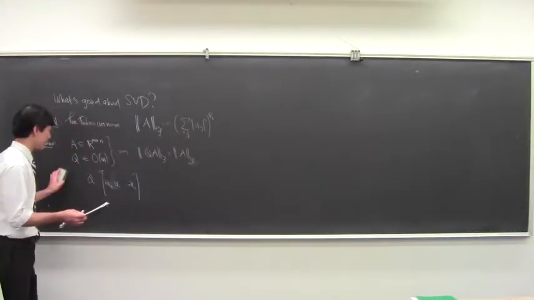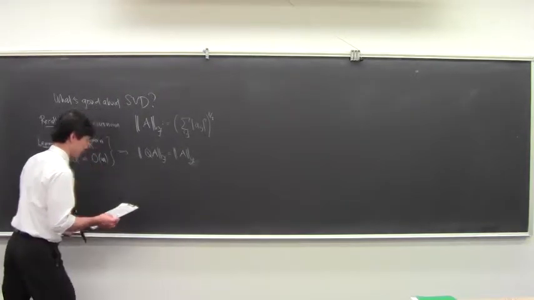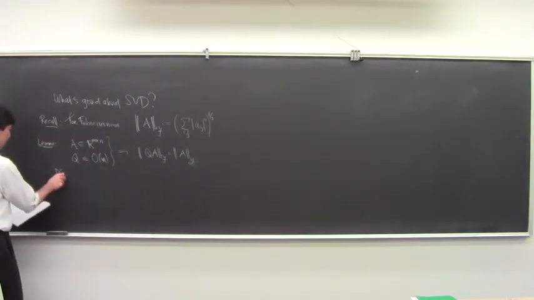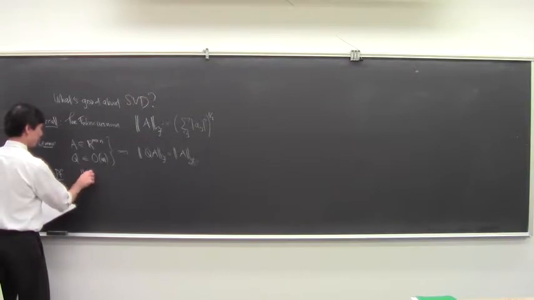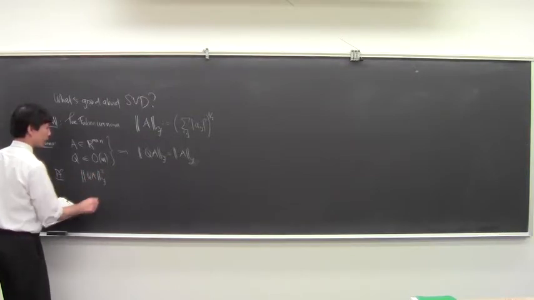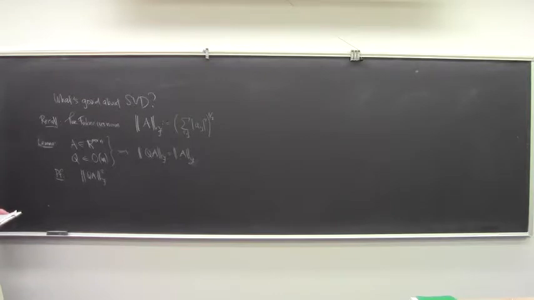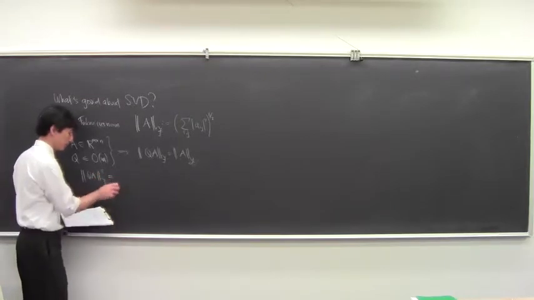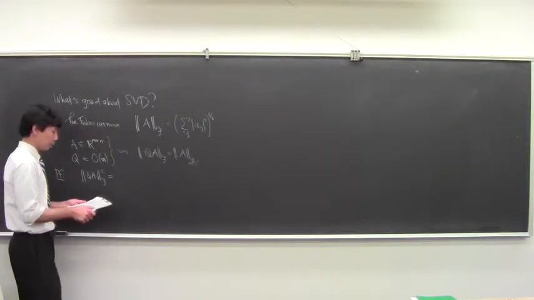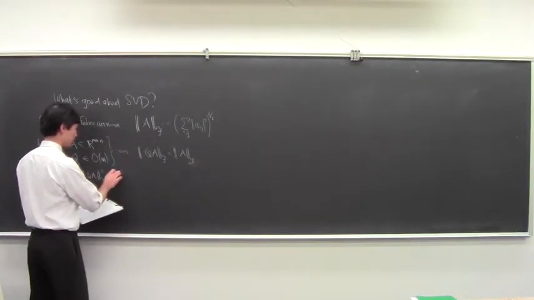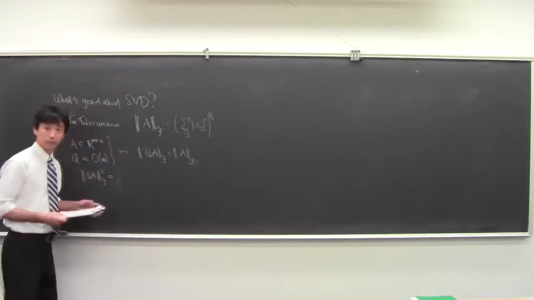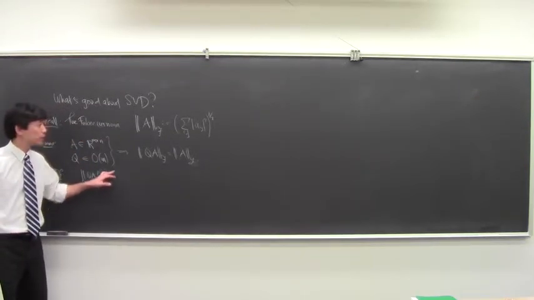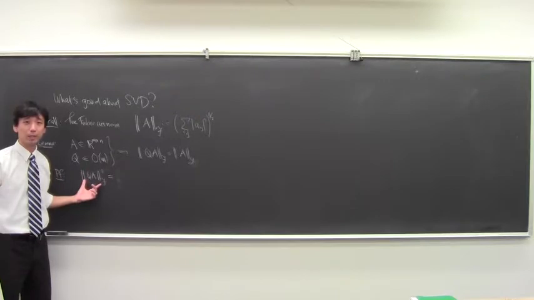So consider the Frobenius norm of QA, squared. The Frobenius norm squared means you're just going to square all the entries and sum them together. Take the moduli of each entry, square it, and take the sum of the squares.